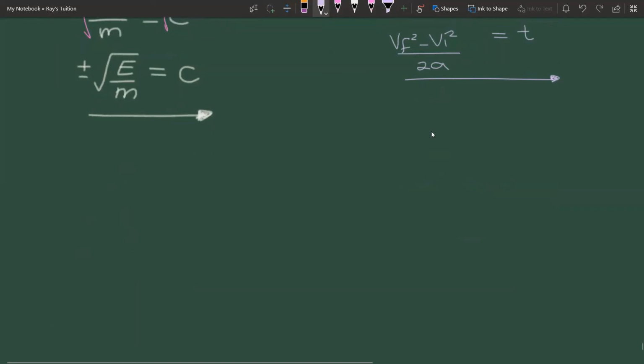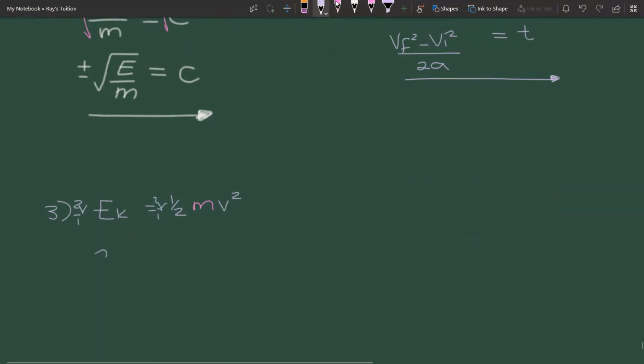Let us have a look at the next one. In this one, we have EK is equal to a half MV squared, and we would like to make M the subject. First of all, we're going to get rid of that half. We can get rid of the half by multiplying both sides by 2.